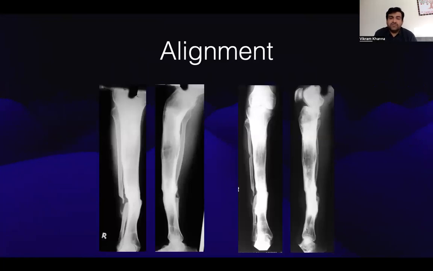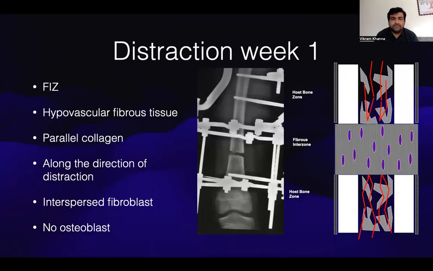Alignment is of utmost importance because once the lengthening is complete and the patient has to walk, if the alignment is not right, then the mineralization of the regenerate will not happen adequately.